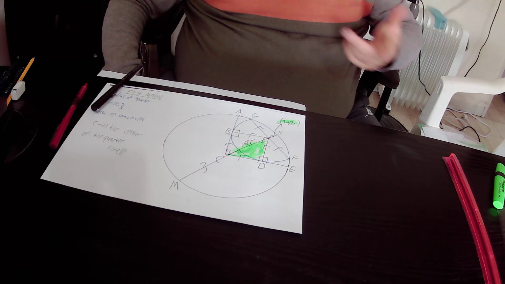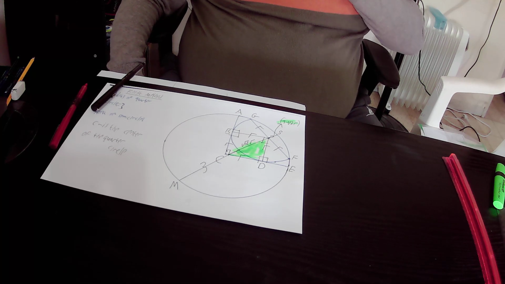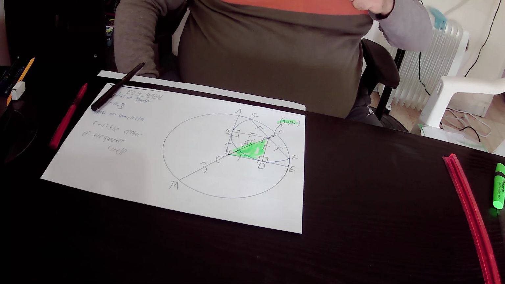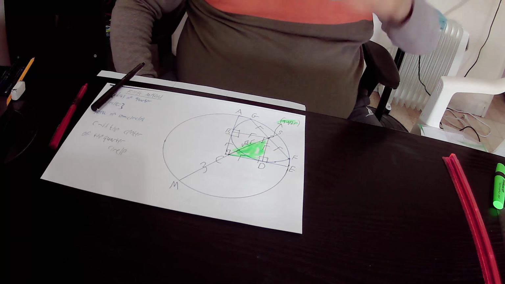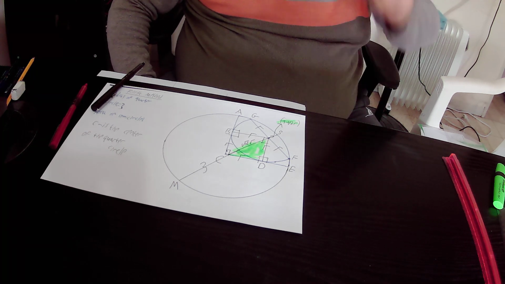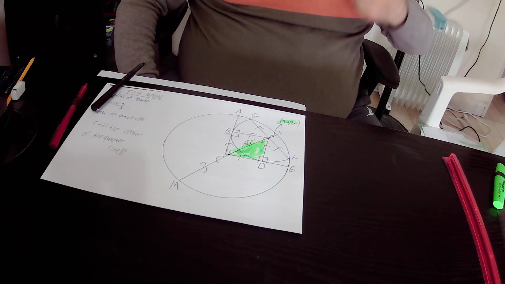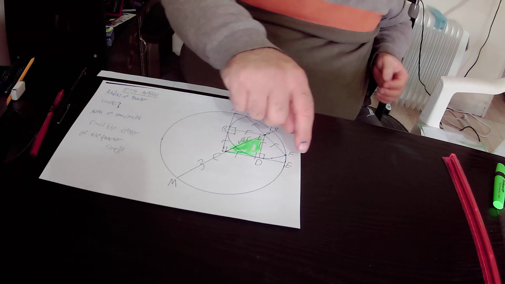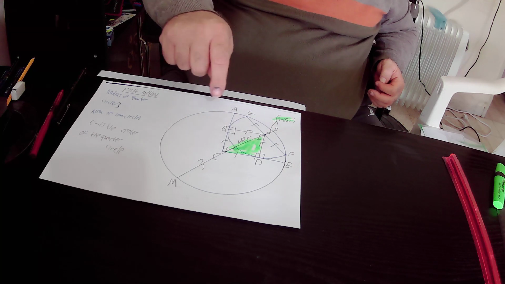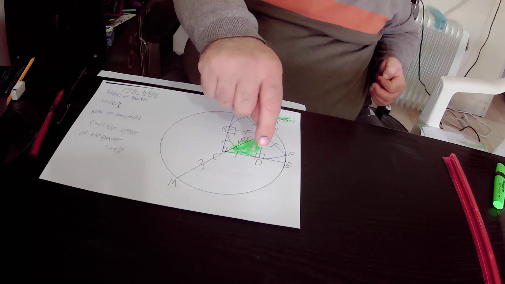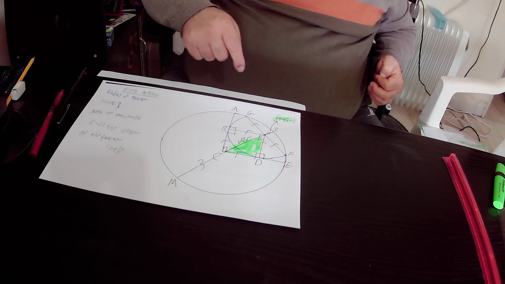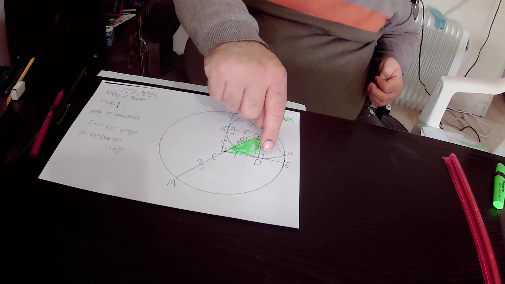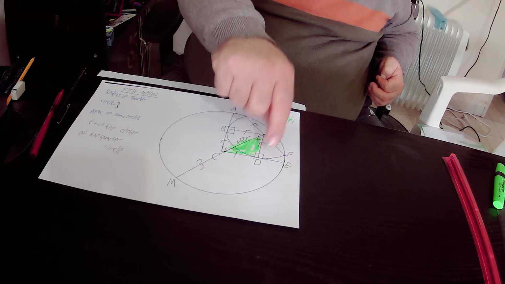OD is the radius of the semicircle, drawn to point D, the point of tangency of tangent CE with this semicircle. Whenever we have a radius drawn to the point of tangency, the tangent will be perpendicular to that radius. That is to say, tangent CE will be perpendicular to the radius DO. That is to say, this angle equals 90 degrees, and this angle will also equal 90 degrees according to rule number 1.